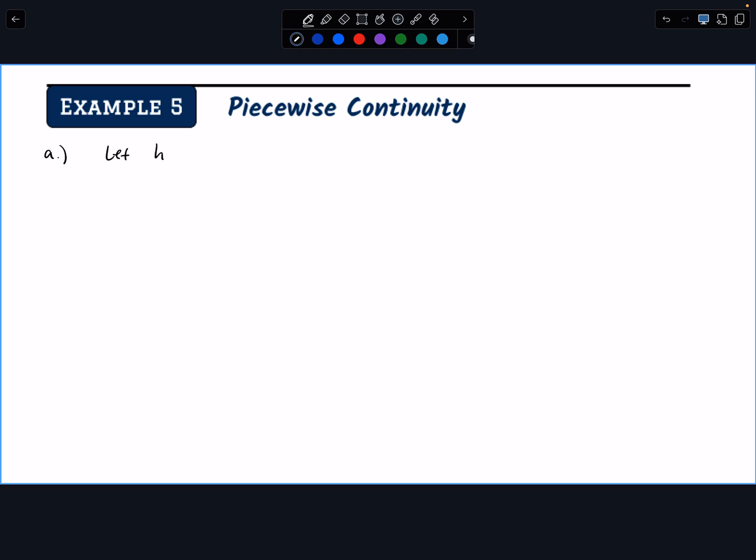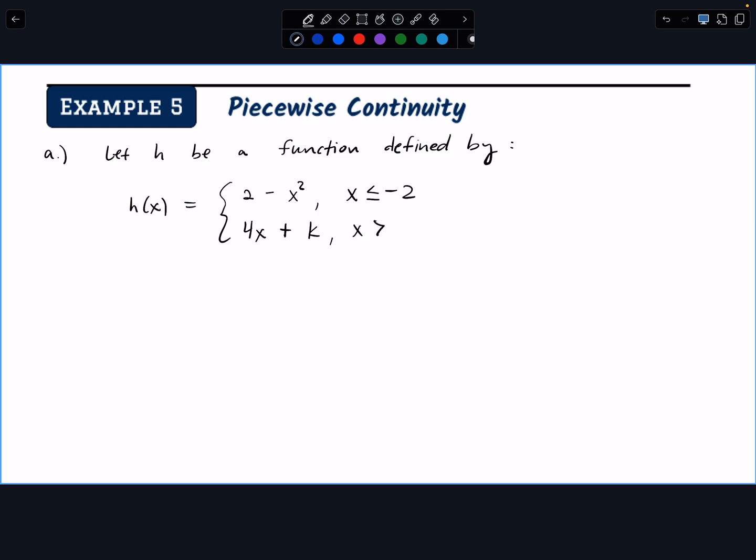Let h be a function defined by h of x is equal to 2 minus x squared for x is less than or equal to negative 2, and then 4x plus k when x is greater than negative 2.